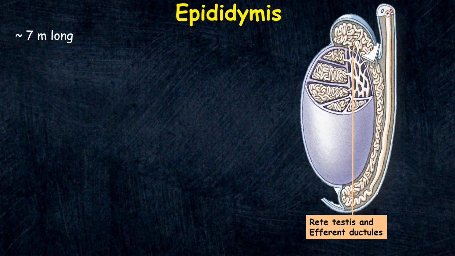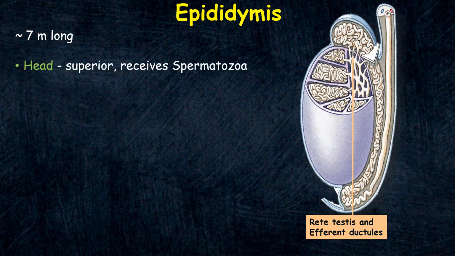The epididymis is 7 meters long, formed by minute convolutions of the duct of the epididymis. They are so tightly compacted that they appear solid. The head, which is the superior part, receives the spermatozoa.